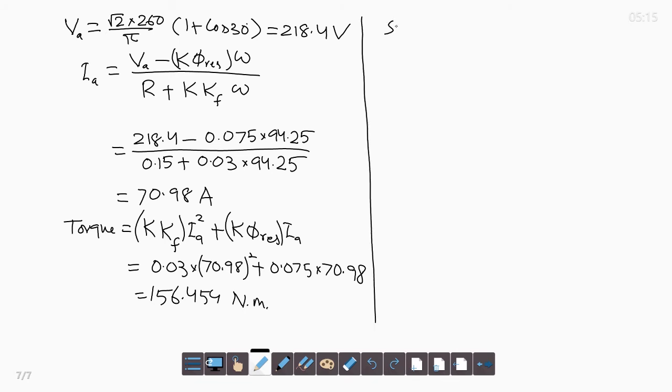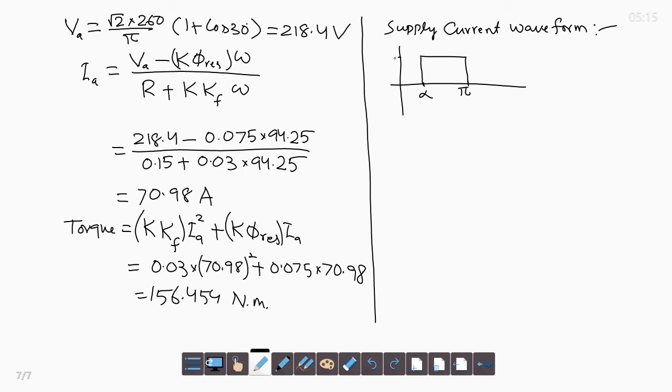So, supply volt ampere, supply current waveform. Say alpha to pi, it is plus IA, then pi to pi plus alpha is the freewheeling interval, then pi plus alpha to 2 pi, it is minus IS.